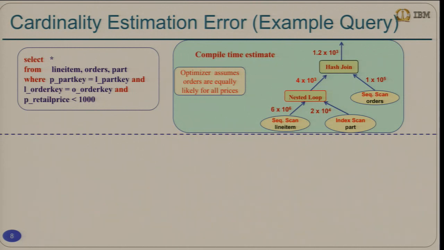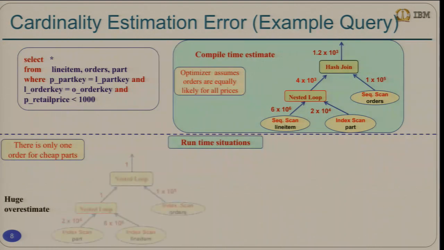Okay, but what can happen is, suppose you have an instance in which there is only one cheap part, then the optimal plan actually looks very different from that plan, because it does not make sense to do a sequential scan of any of these inputs, because there is only one cheap order for one cheap part.